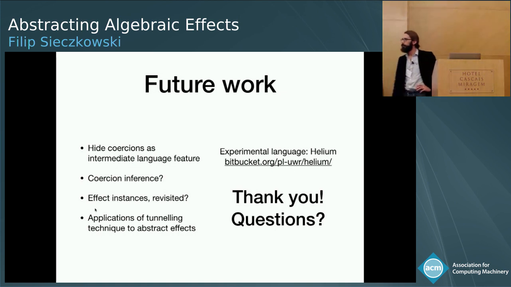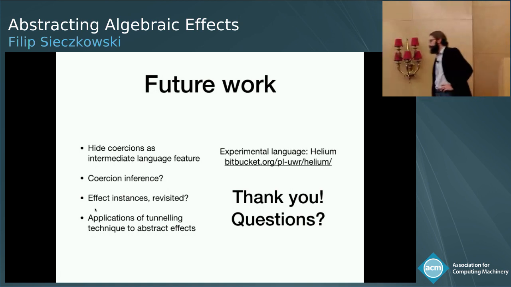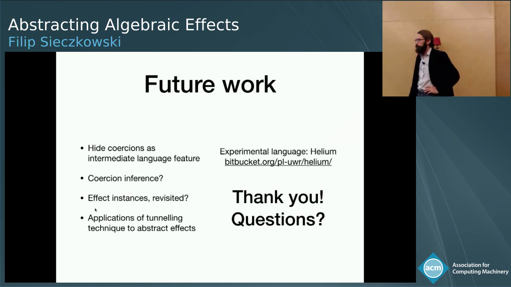So the problem I see with coercion inference is that there may be two choices of which coercion to infer. Do you have an answer to how to deal with that? Yeah, so at present, the usual thing is that there's one that's much more common than the other.